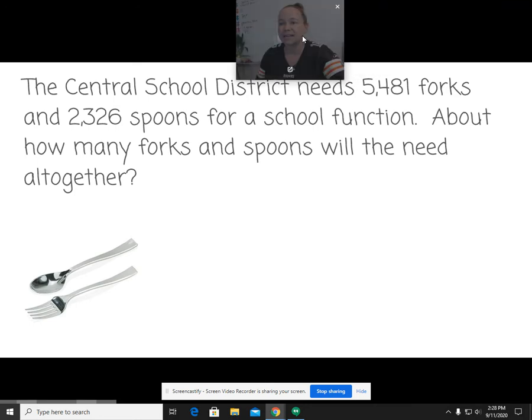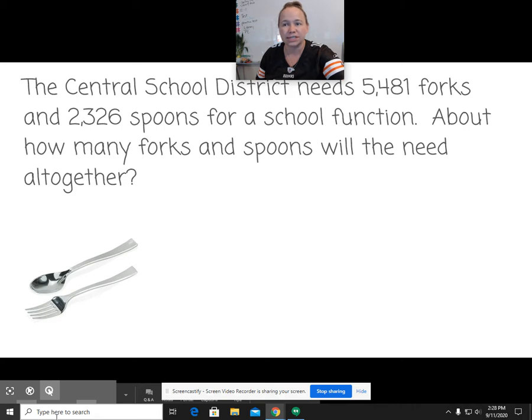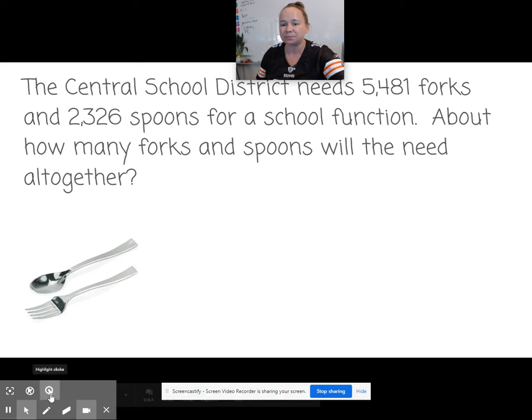How about this case? The Central School District needs 5,481 forks and 2,326 spoons for a school function. About how many forks and spoons will they need altogether? That's supposed to say they. So let's try to figure this out.